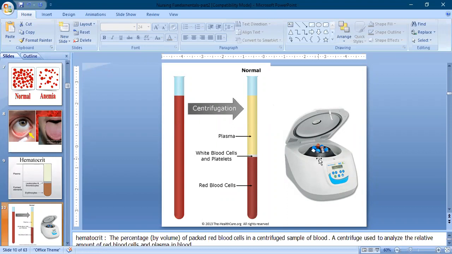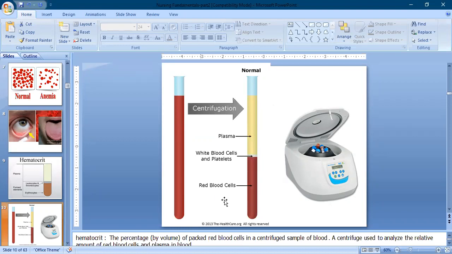After a few minutes, we get separation of plasma, white blood cell, and red blood cell. Plasma goes to the top, it is the thinner liquid portion, and the thick portion, red blood cell, goes down. In between plasma and red blood cell, there is a layer of white blood cell and platelet, right?